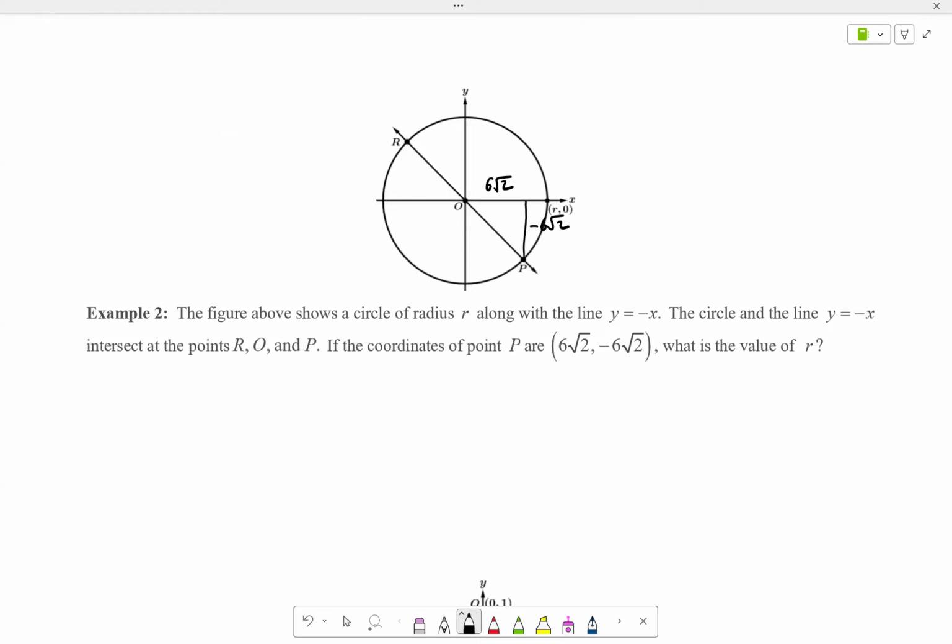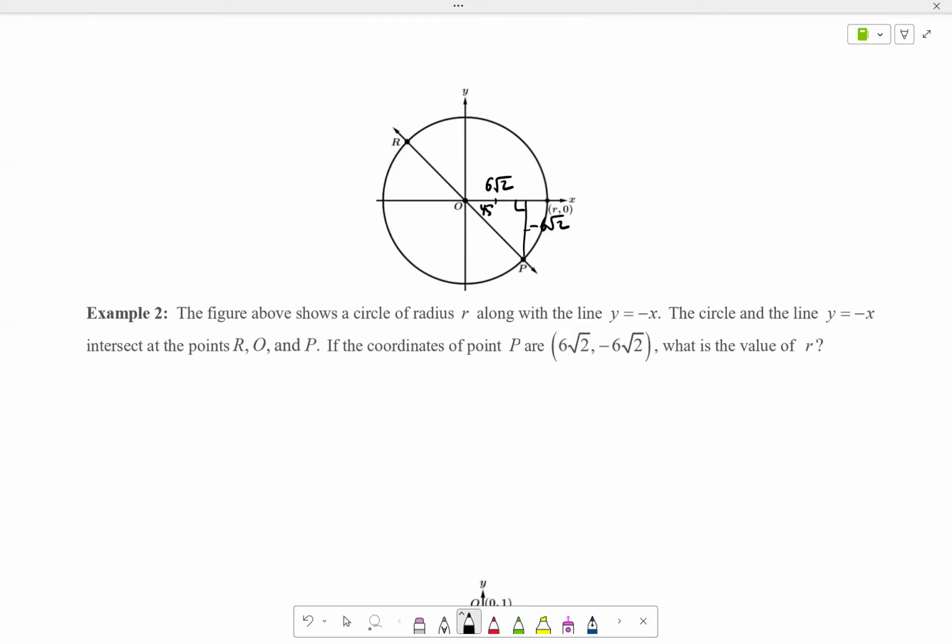Nice. Perfect. Any other ways to think of this? Yes, Oliver? Just do Pythagorean. Yeah, Nathan? You know it's 90 degrees there, and you know the legs are the same, so it's a 45-45-90.